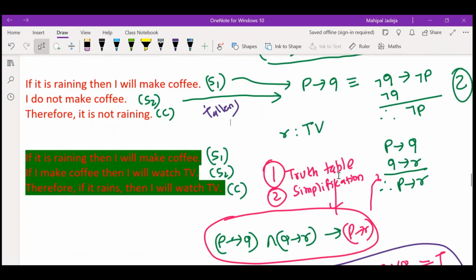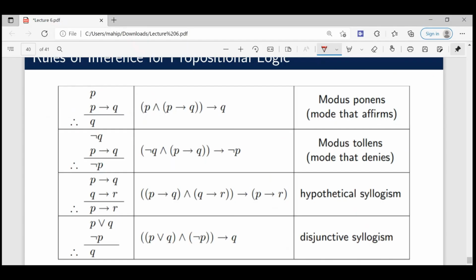P implies Q, Q implies R, therefore P implies R. So transitivity. I'm not proving it now because you already know the method. And the last one is, P or Q is given to you and negation P is also given to you. So from this you can conclude that your final answer is nothing but Q.